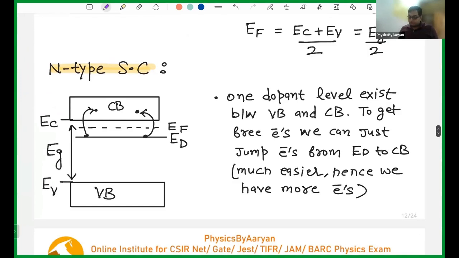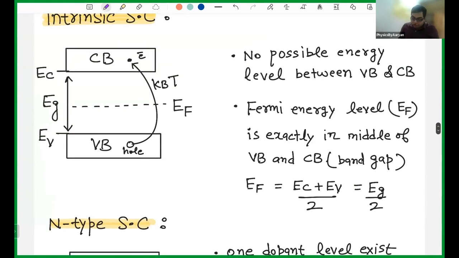One more important thing: from valence band to conduction band, in between, you have no possible state. Your electron cannot be anywhere between this, or your hole cannot be anywhere between this. So no possible state is there between VB and CB. And always remember, Fermi energy is not an actual state. It's not like your electron can be at the Fermi state. It's an average.